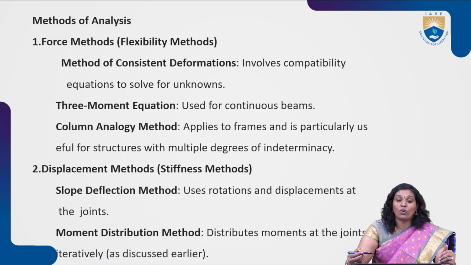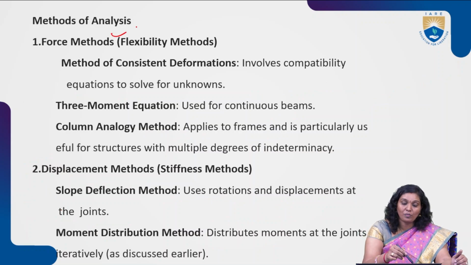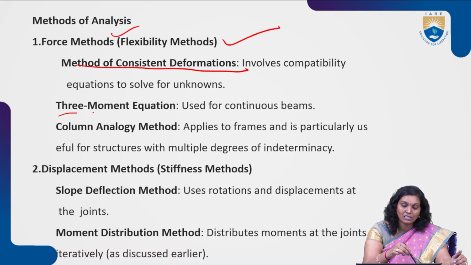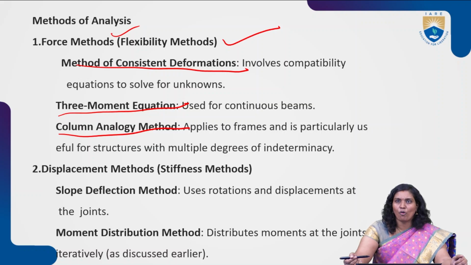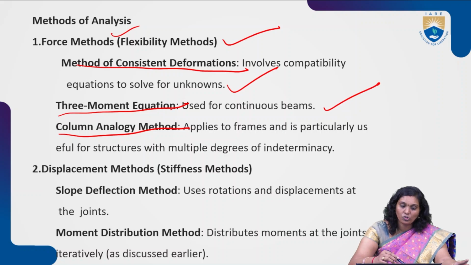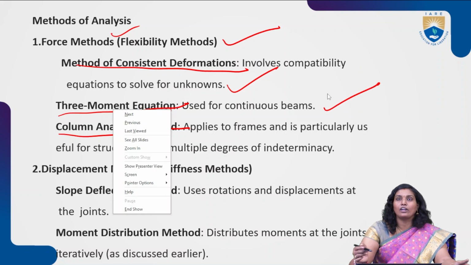So here, the methods we understand. The force methods, those are flexibility methods: method of consistent deformations, three moment equation, column analogy method. The method of consistent deformation involves compatibility equations to solve for unknowns. The three moment equation is used for continuous beams. This kind of force method we use for continuous beams.